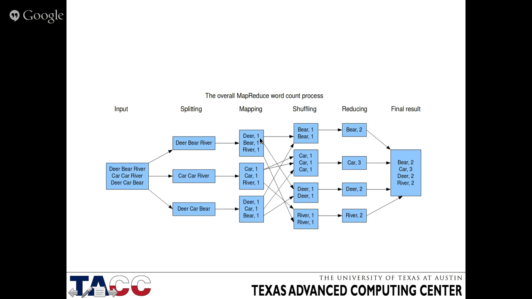You find a word and you return the word and a count of one. Then after the mapping process, there is an automatic process going on in the Hadoop cluster called the shuffling phase, which is responsible for gathering the key value pairs generated by your map process and grouping them, so all the key value pairs with the same key become one group.